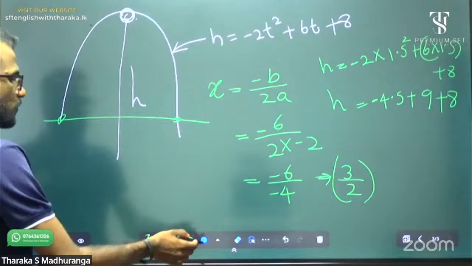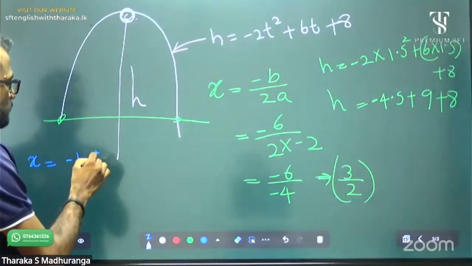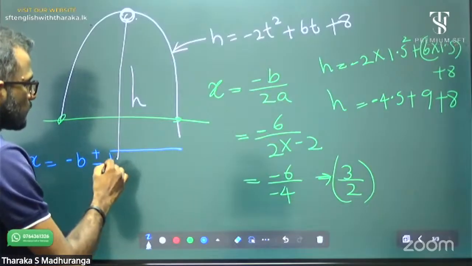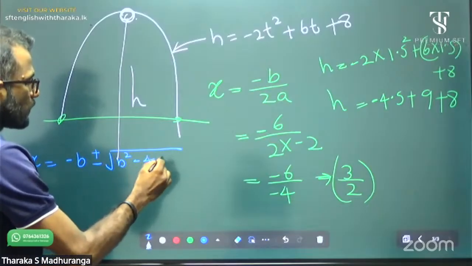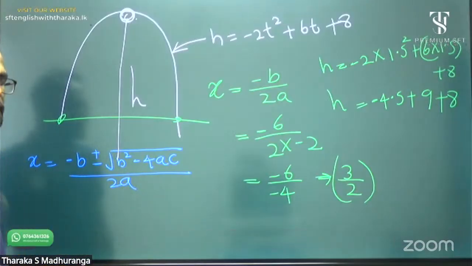The x-axis cutting point means our common equation: x equals minus b plus or minus the square root of b squared minus 4ac, divided by 2a.